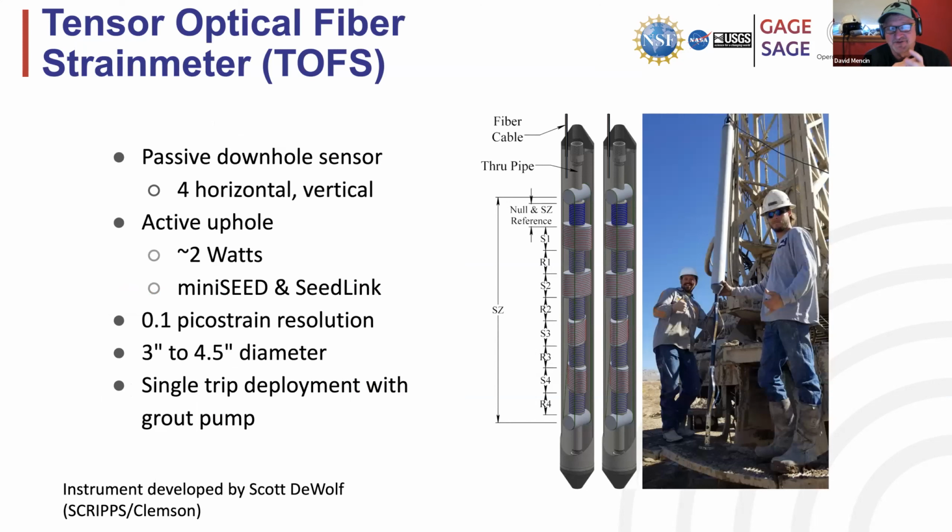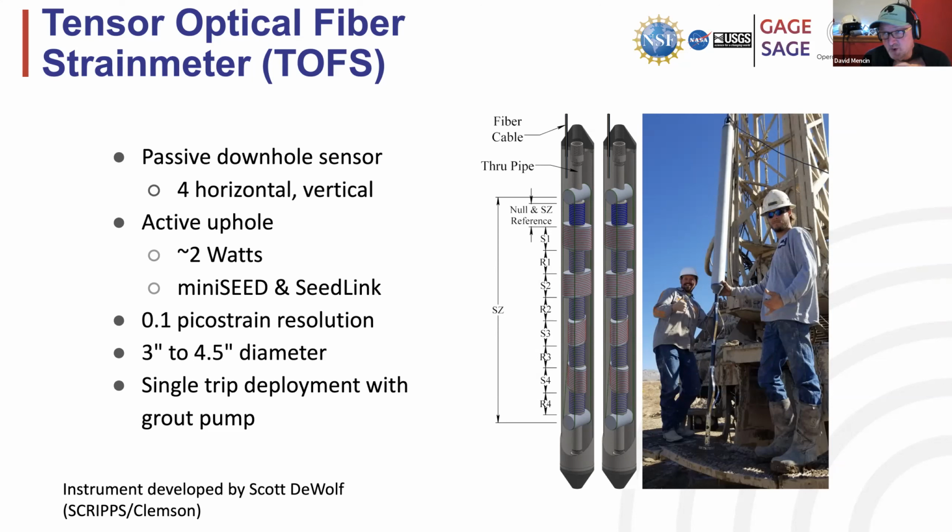What I'm excited about is that this limited what we could do with those strain meters, obviously. This instrument was developed by Scott DeWolf from Scripps, now at Clemson. It's a passive downhole sensor. It's wrapped fiber optics, so it's basically a giant interferometer squeezed into a small tube, and when you squeeze it, it changes the different lengths.